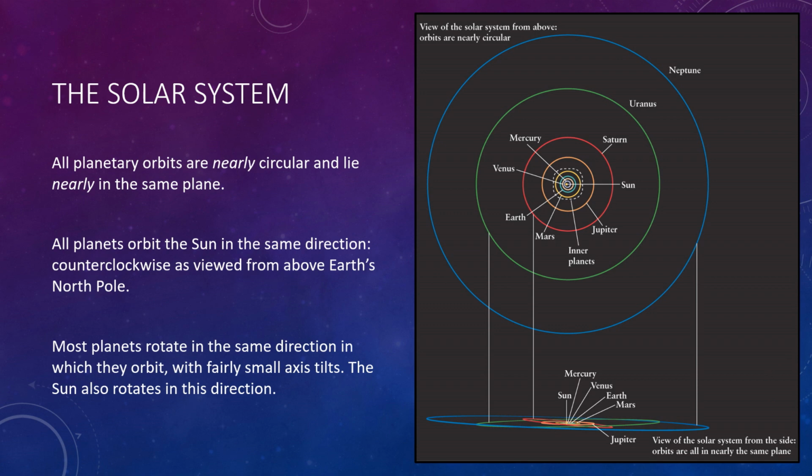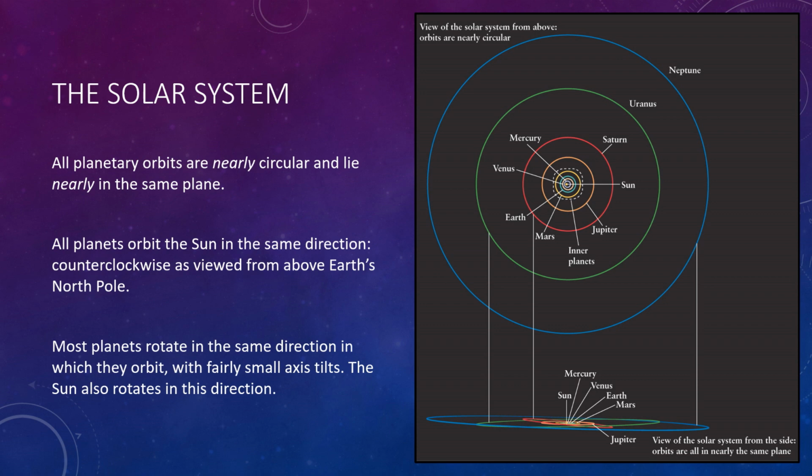All planets also orbit the Sun in the same direction, that is counterclockwise as viewed from above the Earth's North Pole. Furthermore, most planets rotate in the same direction in which they orbit, with fairly small axis tilts. The Sun also rotates in this direction.